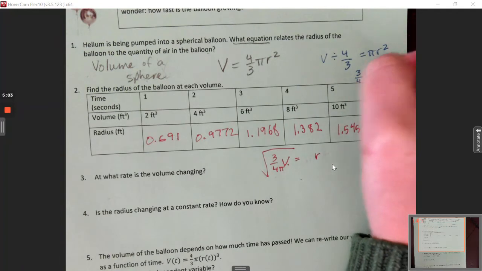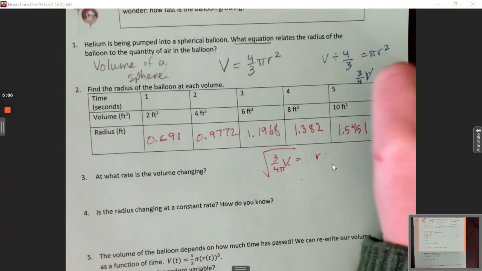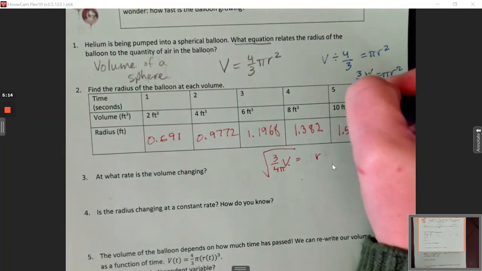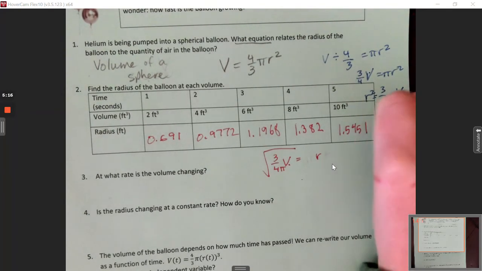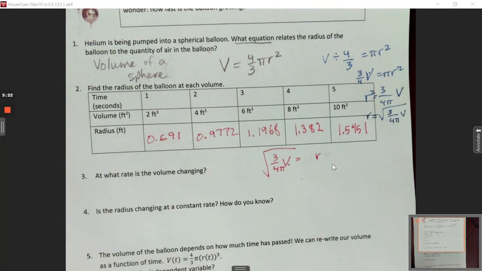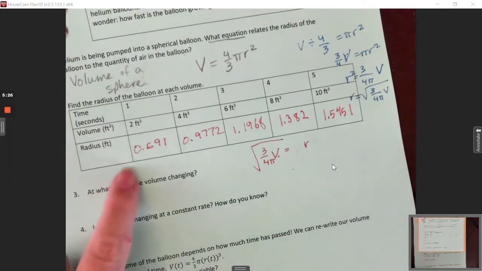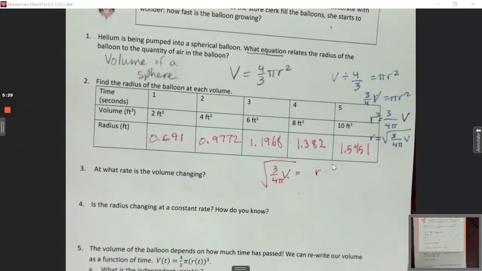Then I divided by pi, and it went down with the 4. So I had 3/4 pi V. And then I took the square root. I only needed to worry about the principal square root because it had to be positive, because we're talking about a radius of physical objects. So I didn't use plus or minus. So, in case you're curious. And then I plugged that into my calculator, and my calculator gave me all those numbers.